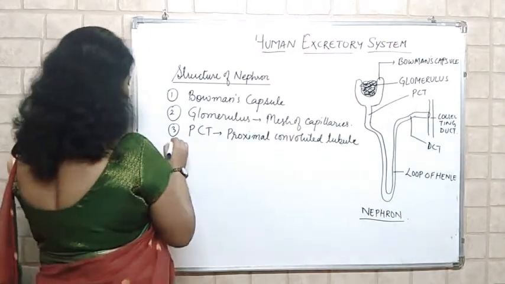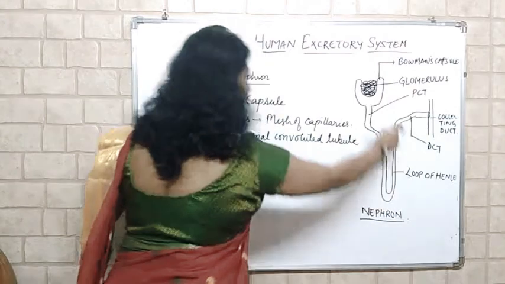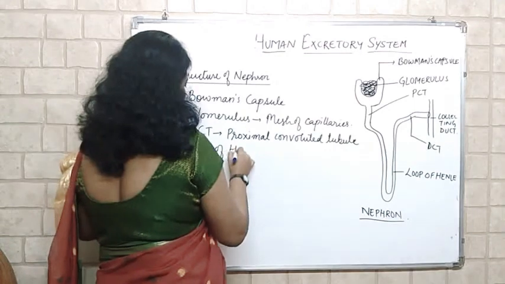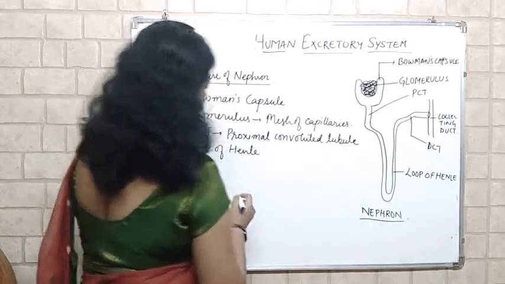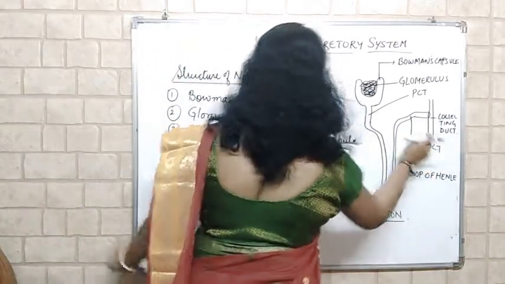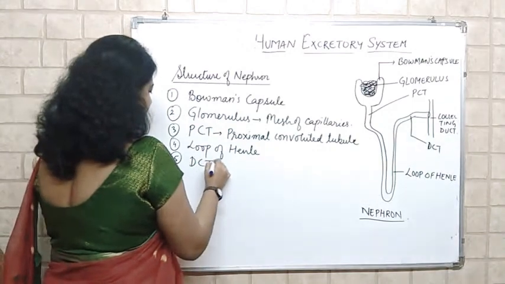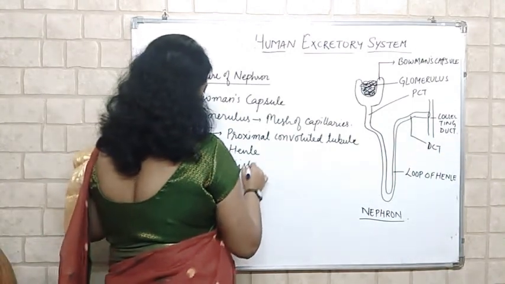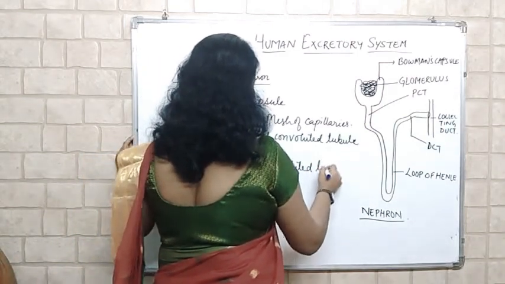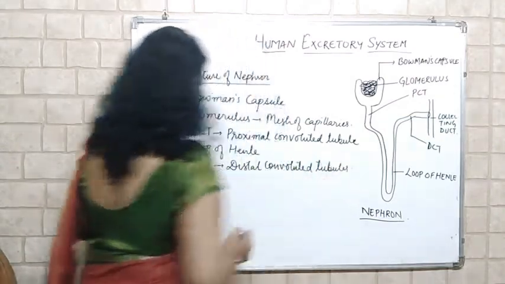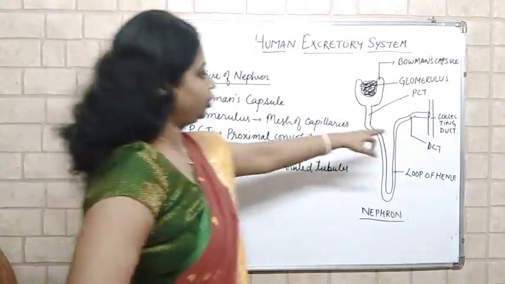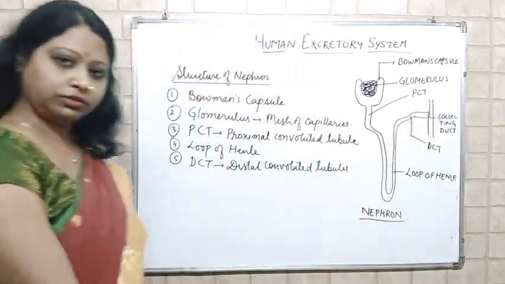Next, after PCT, we can see a U-shaped tube, that is loop of Henle. Henle is the name of the scientist. Then we see DCT, distal convoluted tubules. After that, the distal convoluted tubules will join the collecting duct.